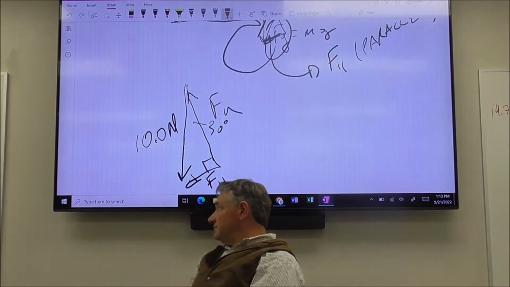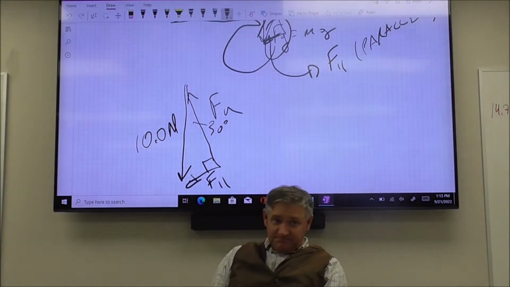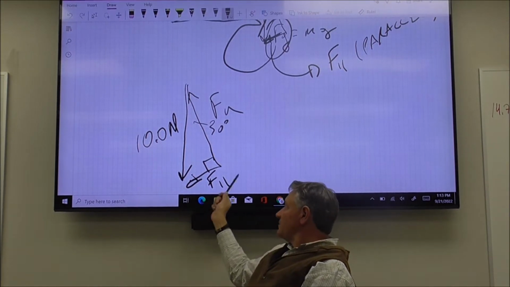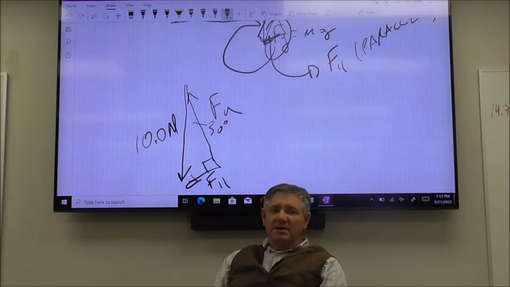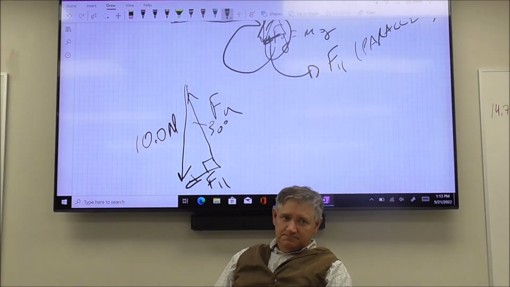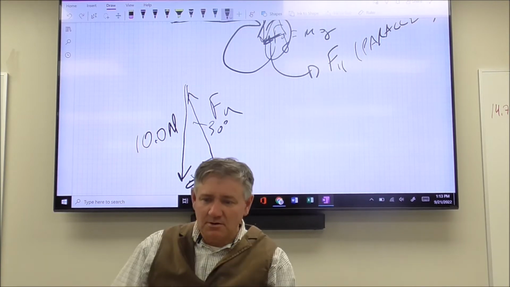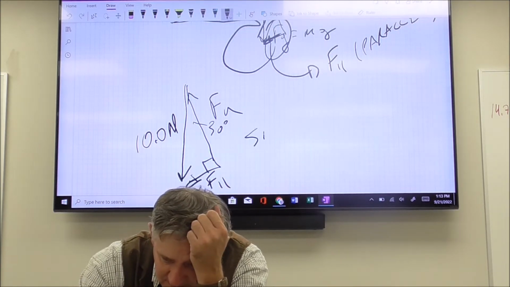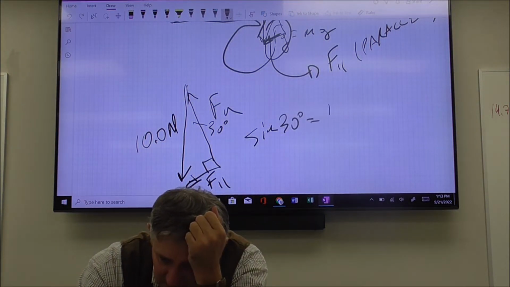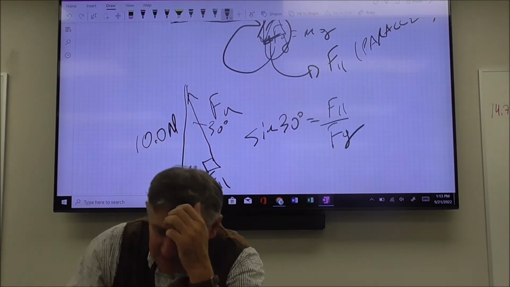So, here's the story. The 10 newtons is the hypotenuse. I know this angle. I want to find the side opposite, which is this force parallel. So what trig function am I going to use to find that force parallel? Is it sine? Fantastic. So I know the sine of 30 degrees is going to equal that side opposite, which is force parallel, divided by my hypotenuse, which is the weight of the block.